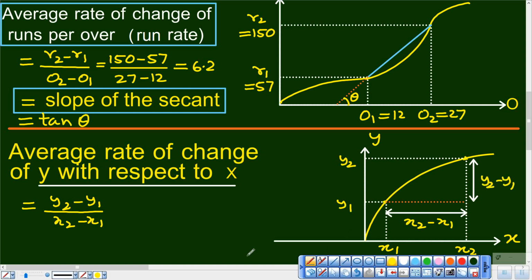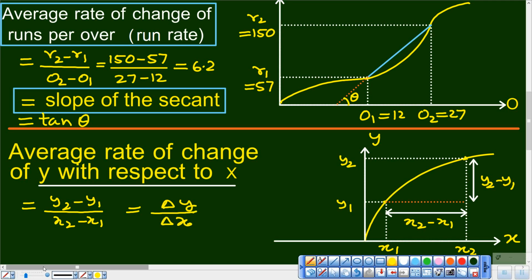So this is the average rate of change of y with respect to x, which can also be written as delta y upon delta x.